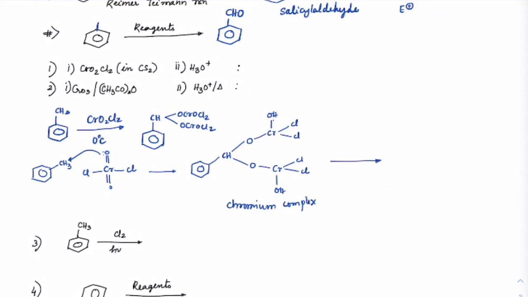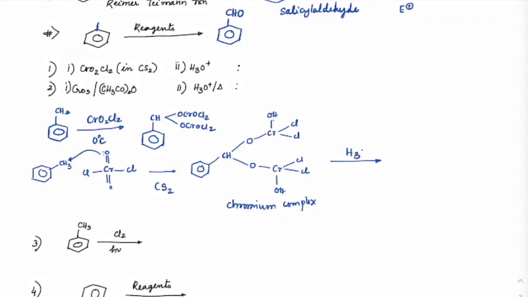Then on hydrolysis, okay, by the way, this is only possible in CS2. If it is in acidic solution, which means in aqueous solution, even this hydrogen will be lost and finally it will go up to acids. But in CS2, we will only get this chromium complex. This is a slow reaction.